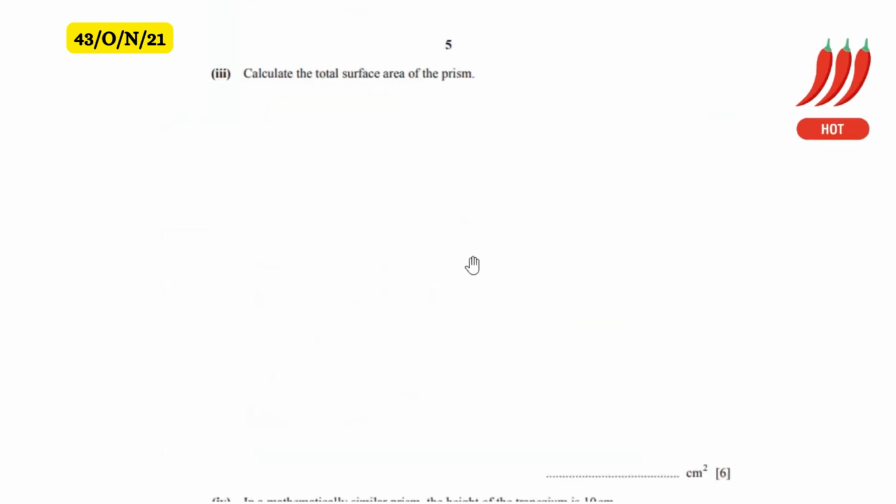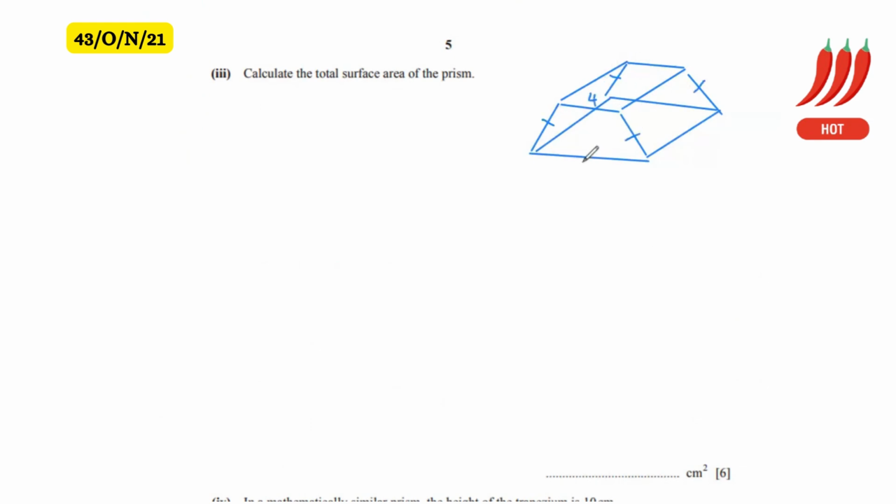Then it says calculate the total surface area of the prism. So for the total surface area, if you remember the shape, we have a trapezium at the front and back. And then we have a rectangle at the top, at the bottom, and on the sides. These lengths were equal.